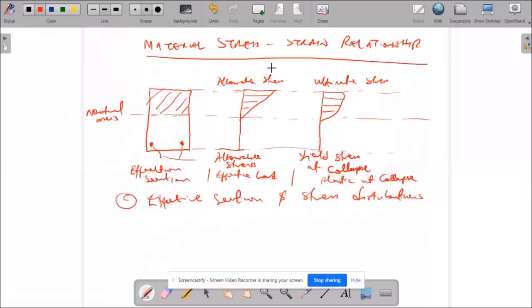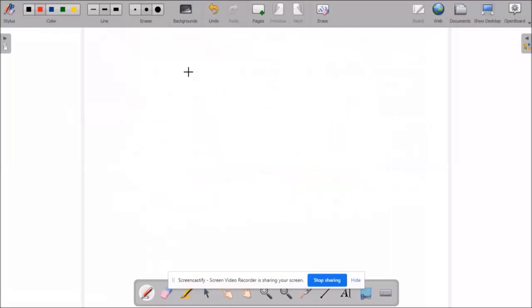Then the next thing we need to look at under material stress strain relationship is the short-term design stress strain curve for normal weight concrete.